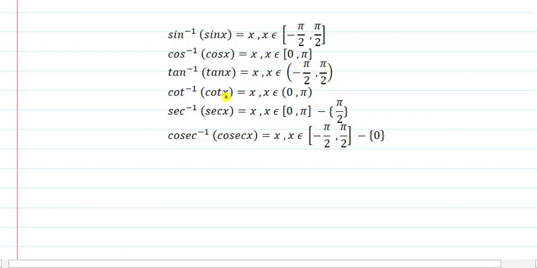Cot inverse cot x is equal to x when x belongs to open interval 0 to pi. Sec inverse sec x is equal to x when x belongs to 0 to pi closed interval minus pi upon 2. Cosec inverse cosec x is equal to x when x belongs to closed interval minus pi over 2 to pi over 2 minus 0. The reason already I have explained in the first video.